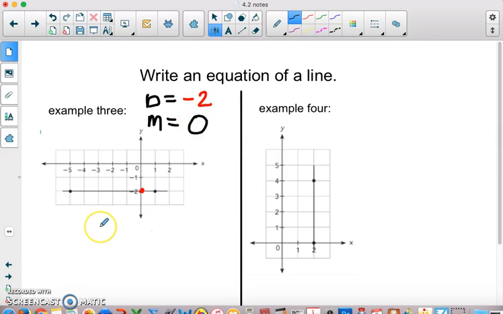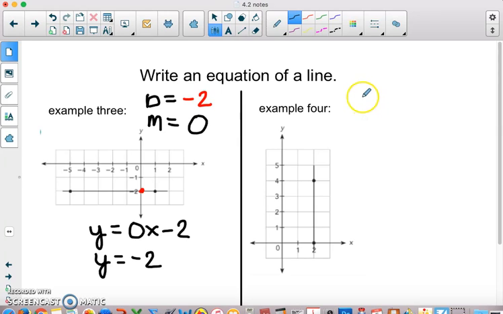We don't even have to calculate, we already know. So right away, go ahead, plug in slope and plug in y-intercept, and here we can simplify. 0 times x is 0, so y equals -2 would be our final answer.